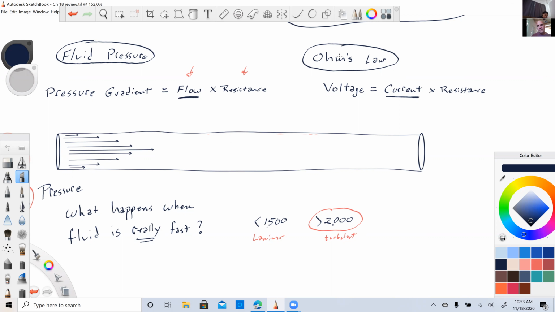In fact, Ohm's law says that voltage, and voltage is potential energy. Voltage doesn't kill you. Everyone worries about high voltage.